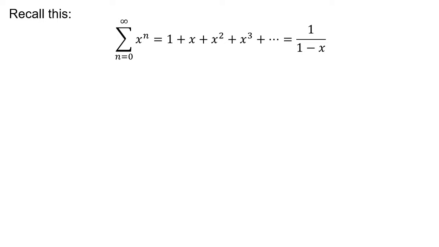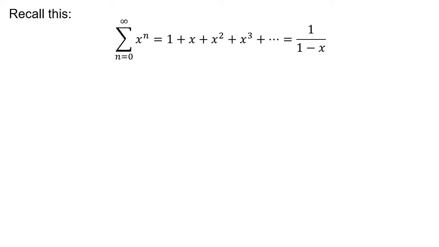And so that actually is 1 over 1 minus x. You can get that value from being a geometric series. And so we know what it sums up to be.